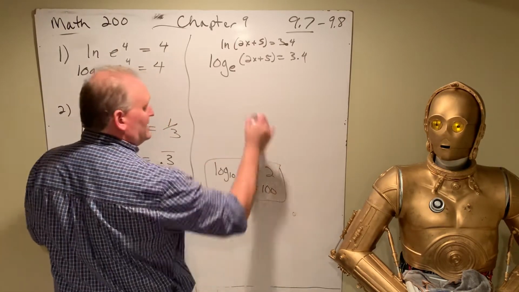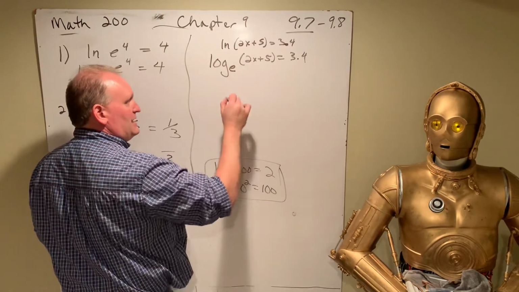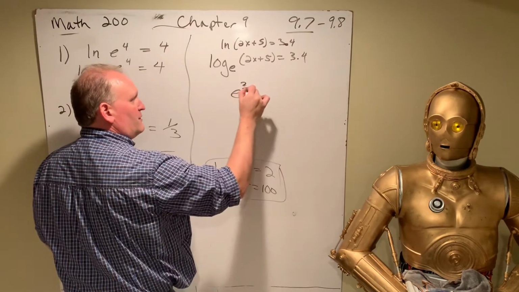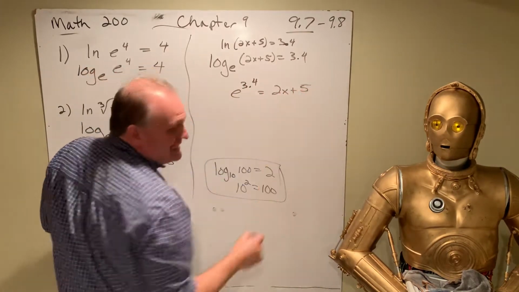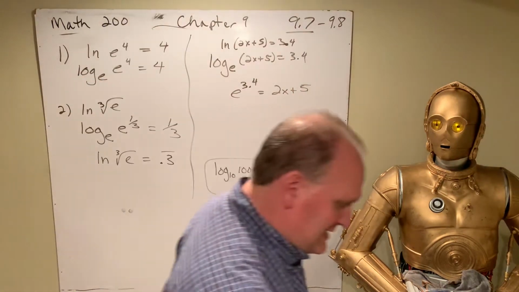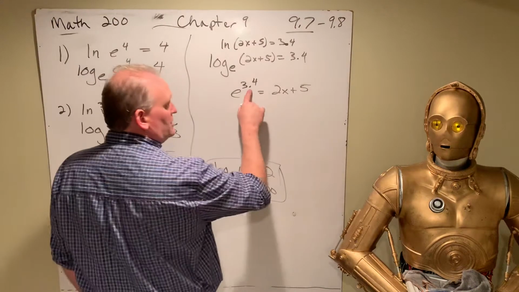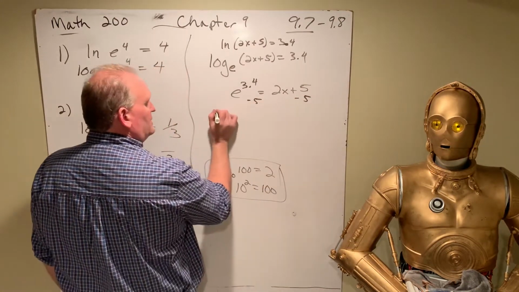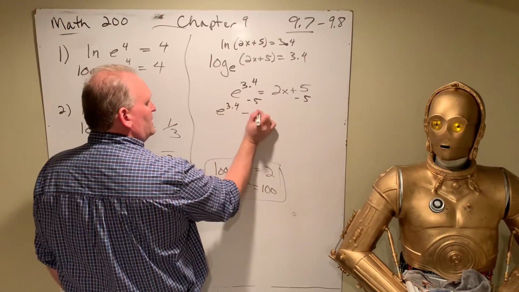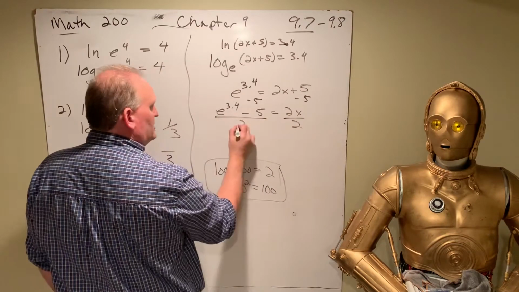So if I want to take it out of a log, even if it's base E, I just follow this pattern. So E to the 3.4 power equals 2x plus 5. Your E button on your calculator is second, and then ln, and it'll be e to the x. And we'll let you put in 3.4. All right, and then we subtract 5. So we get e to the 3.4 minus 5. And then after you do that, you divide everything by 2.